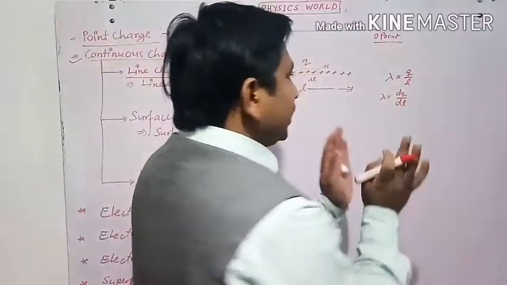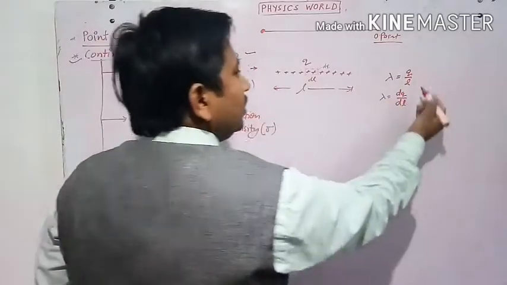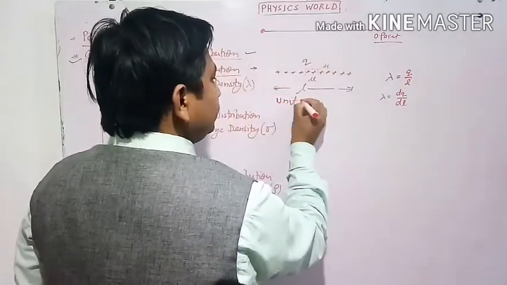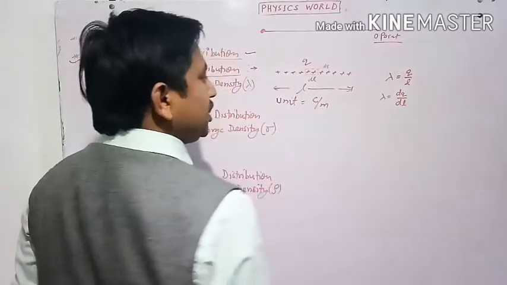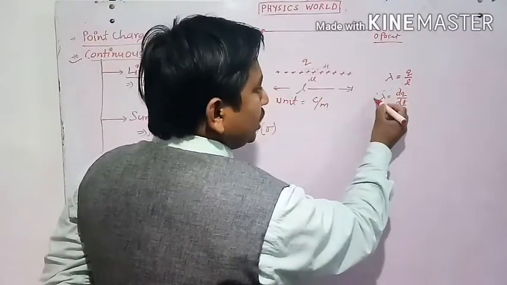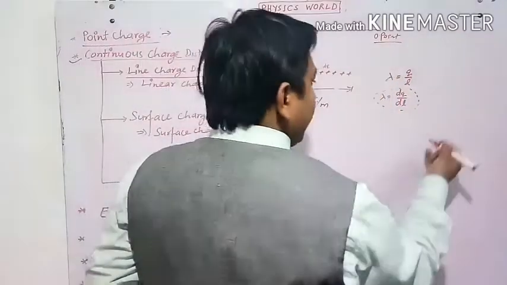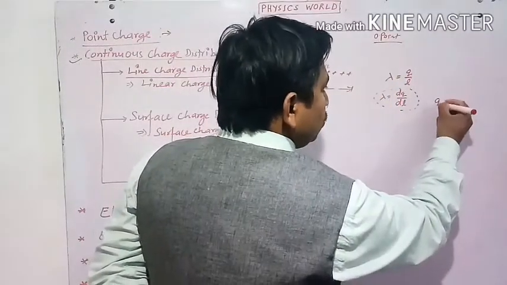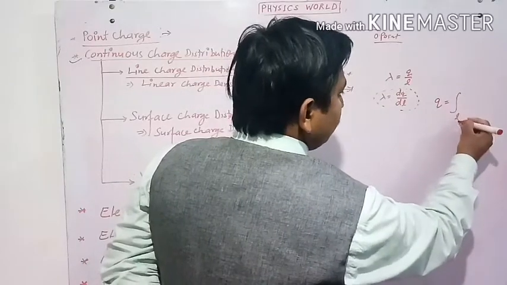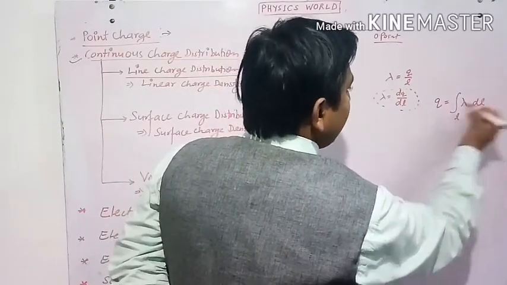From here, the unit of linear charge density lambda is coulomb per meter. If we want to find the total charge on a line, then Q can be expressed as the line integral of lambda dl.